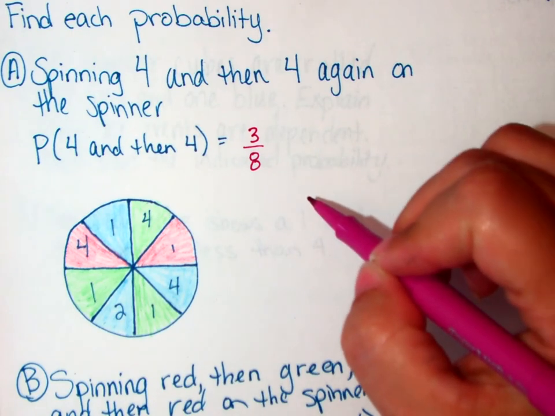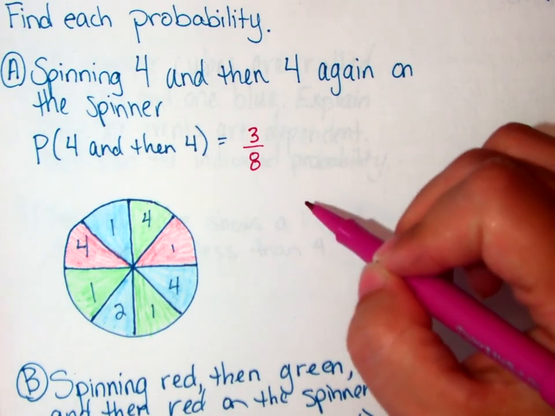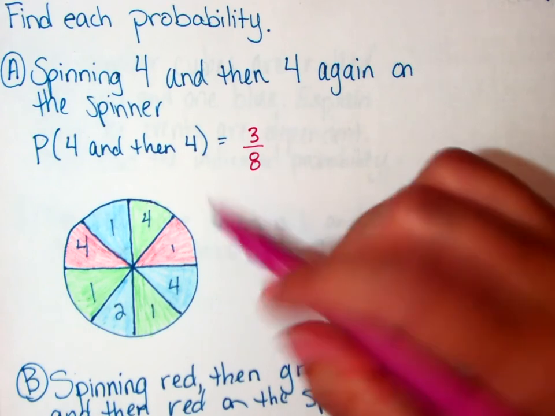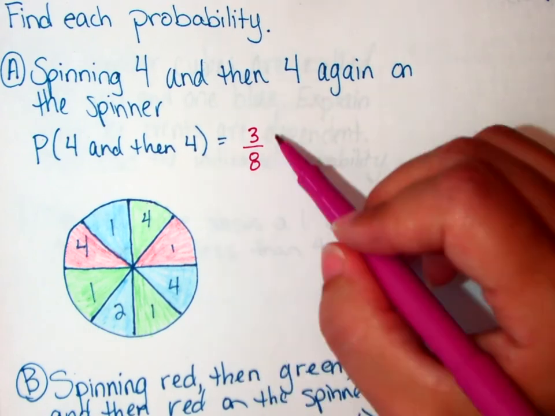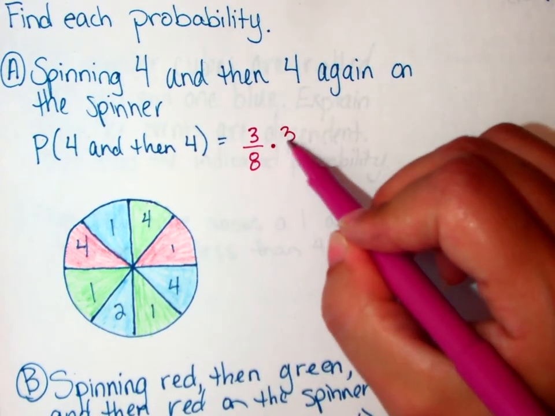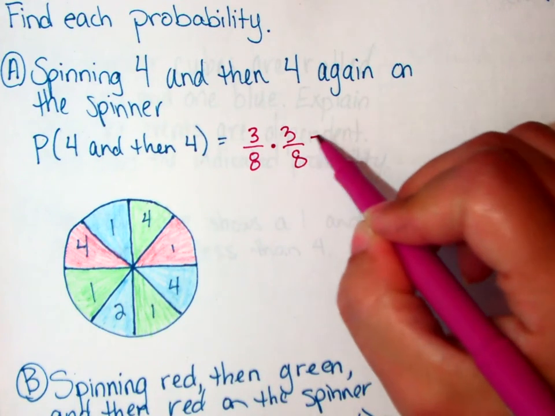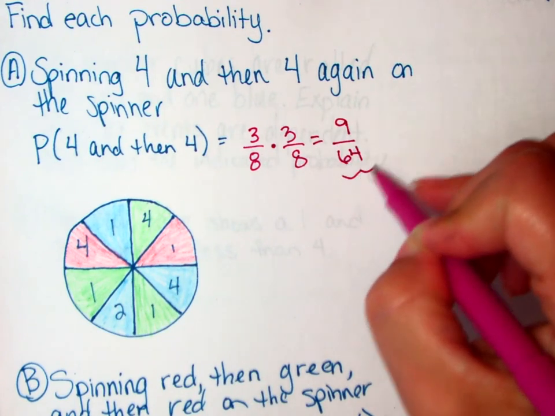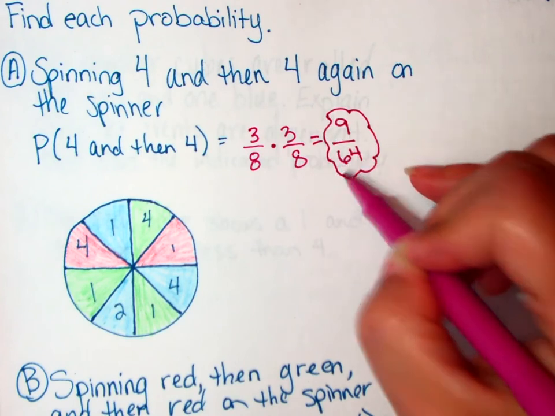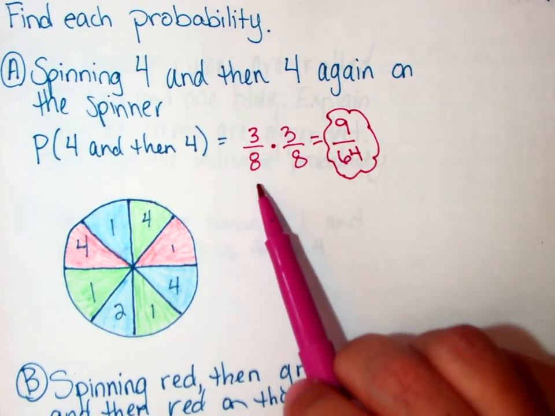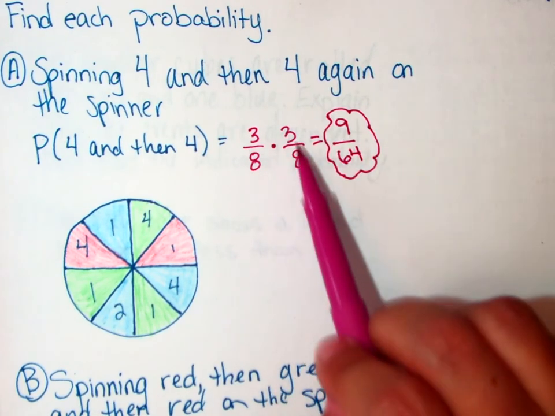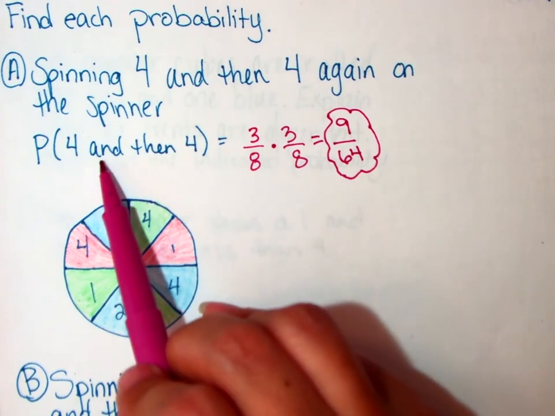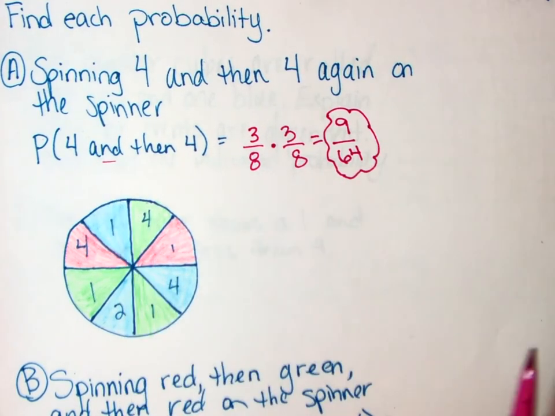The second time I spin is independent because it doesn't matter what I spun the first time. So the second one, it wants me to spin another 4, so that's another 3 over 8, and we're going to multiply them to get 9 over 64. So the probability of spinning a 4 times the probability of spinning another 4, we're going to multiply. That little "and," we know we multiply.